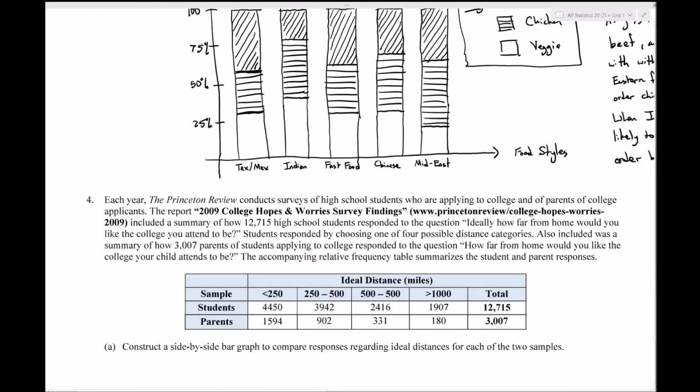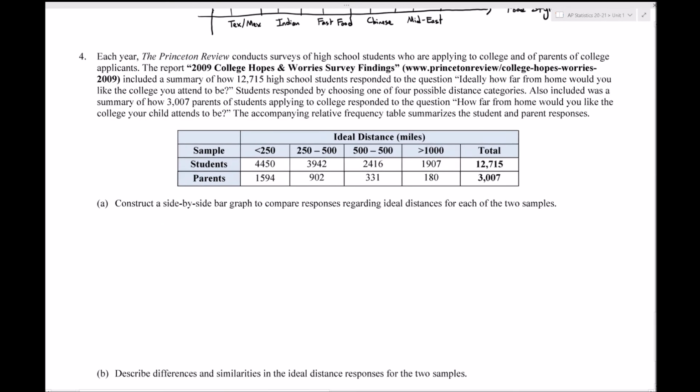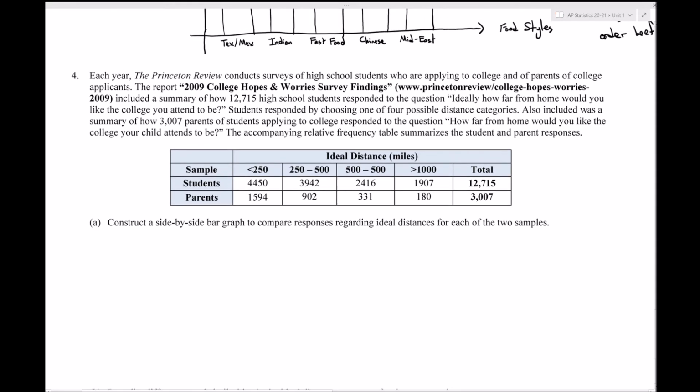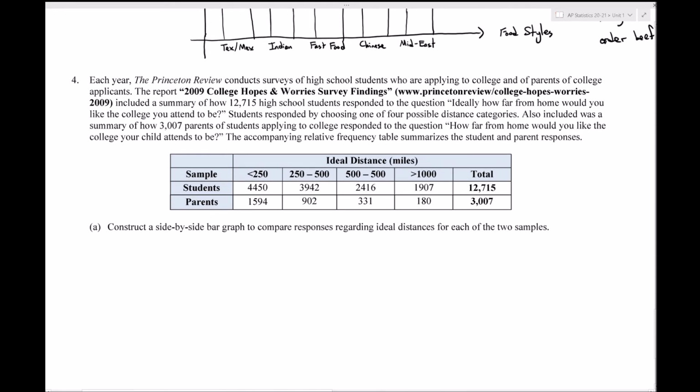Okay, so for number 4, they're going to want us to construct a side-by-side bar graph here. Let me go ahead and read this. Each year, the Princeton Review conducts surveys of high school students who are applying to college and of parents of college applicants. The report in 2009, College Hopes and Worries Survey Findings, that's the Princeton Review, included a summary of how 12,715 high school students responded to the question, ideally, how far from home would you like the college you attend to be?